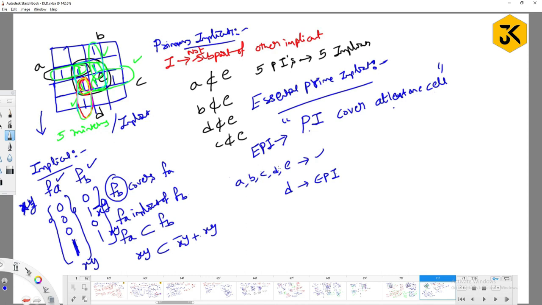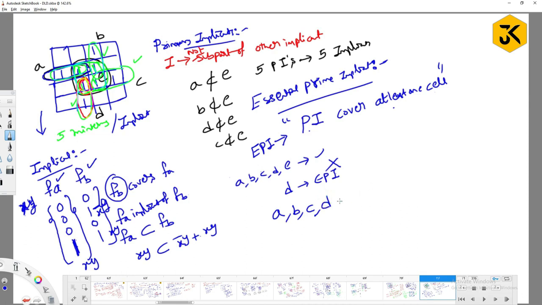So if you want to evaluate those, I have to cover those also by using again subq. Other way, if I am going to take A as one essential prime implicant, B as one essential prime implicant, C as one essential prime implicant, D as one essential prime implicant.